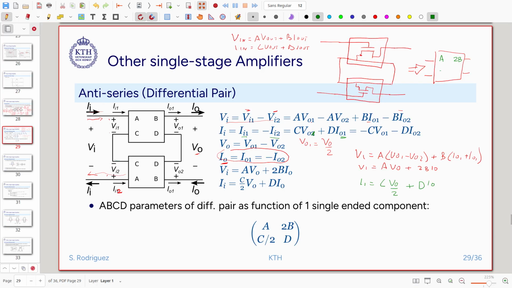The transimpedance parameter has been halved. That means that it has increasing amplification. And the current gain is exactly the same, has not changed. And that will be the equivalent circuit for the equivalent ABCD parameters for my differential pair. Okay, so this is from the amplification point of view.